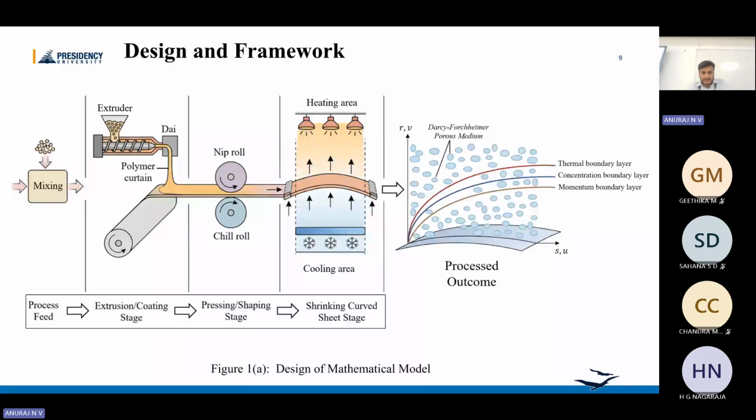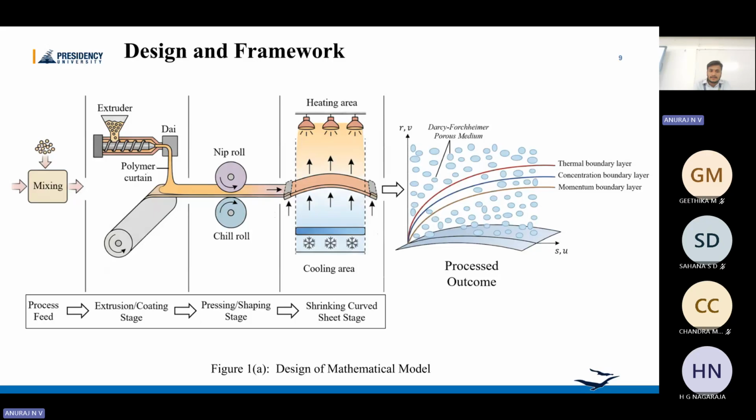It flows through the die, and by the cooling effect that liquid becomes a solid state. By the nip roll, this becomes a sheet, and by transferring to the nip roll, it becomes a curved surface.